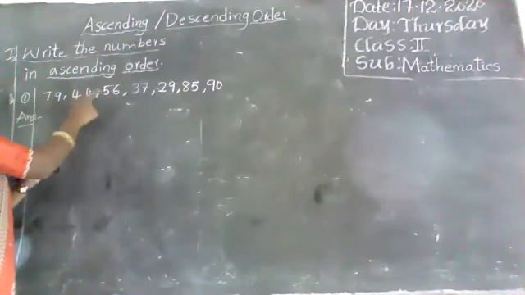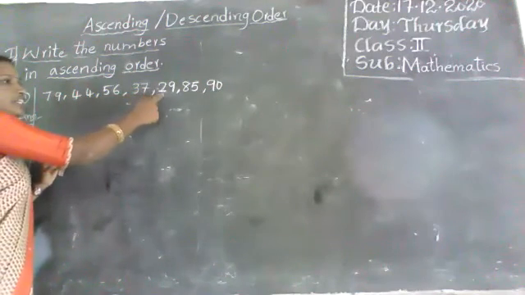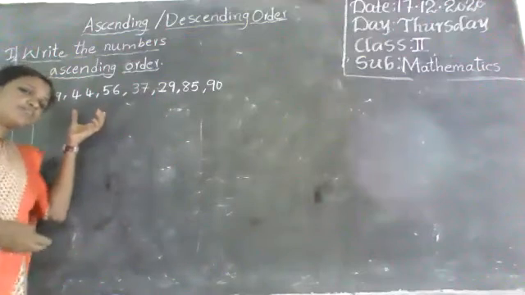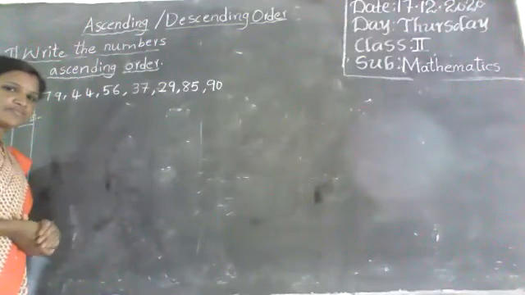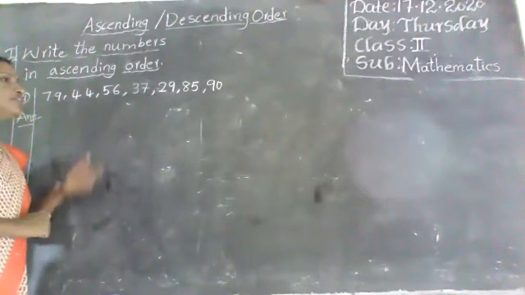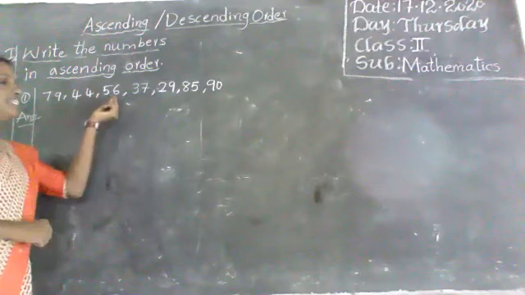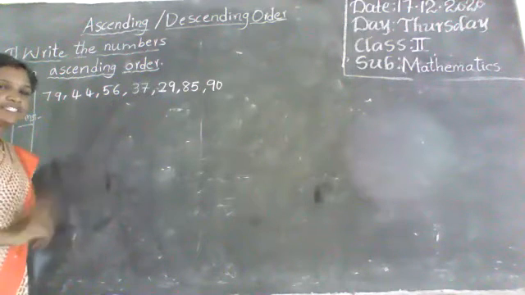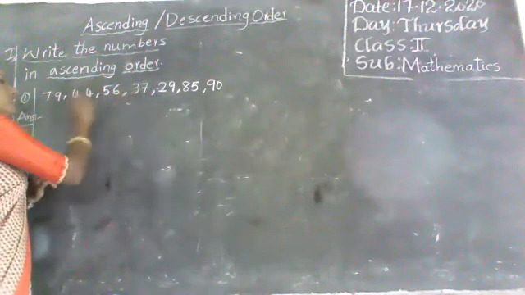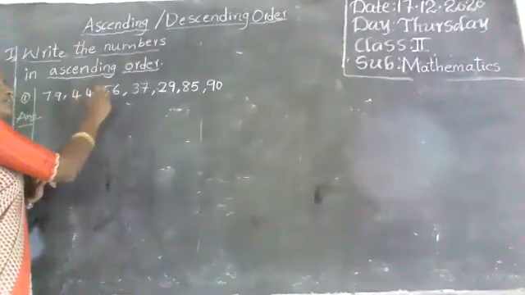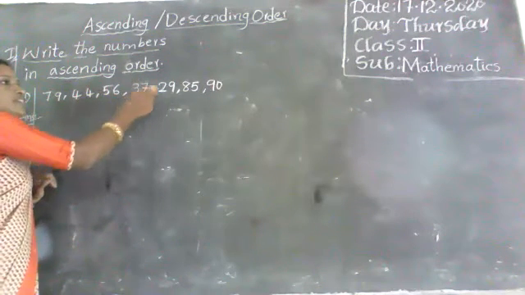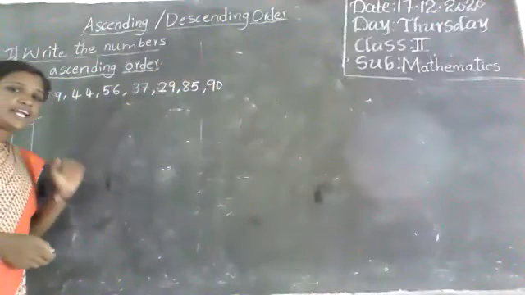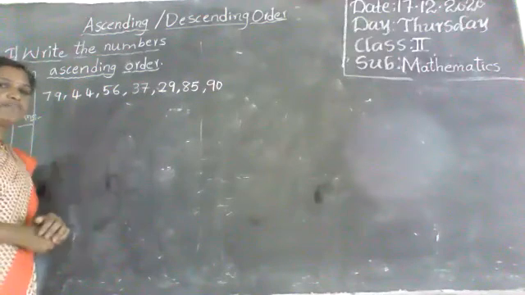Look at the tens: 70, 40, 50, 30, 20, 80, 90. Why? Because all these numbers have tens. So let us see the tens places first. Among 79, 44, 56, 37, 29, 85, 90, which is the smallest number?